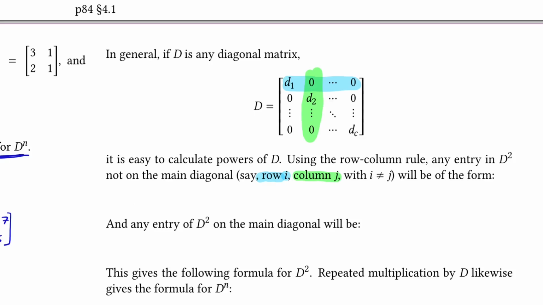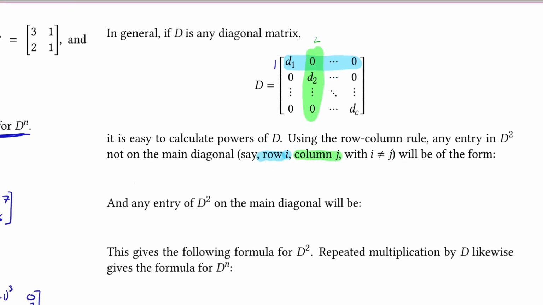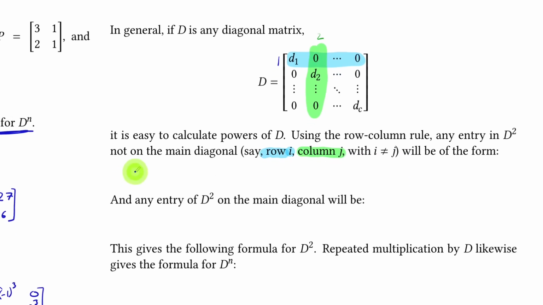Now, to see what happens when you have an entry that's not on the main diagonal, like row i, column j, where the i is not equal to j, like for example this looks like row 1 and column 2 here, the way you're going to calculate those are, well, most of the terms of this are going to be 0 times 0, because most of the entries here are 0, until you get to the point where you're at entry number i.